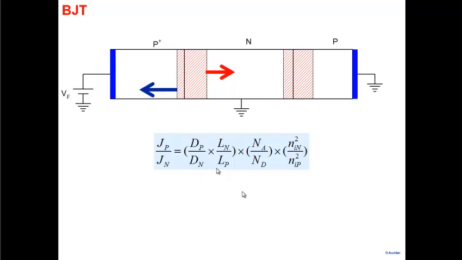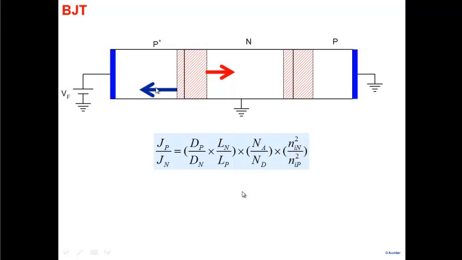A much easier parameter through which you can control Jp by Jn is the doping. You can see why I would like to make doping higher here and lighter here, because of Na by Nd. If you make the doping higher in P and lower in N, Na by Nd becomes large, and therefore this current component becomes much larger than this current component.